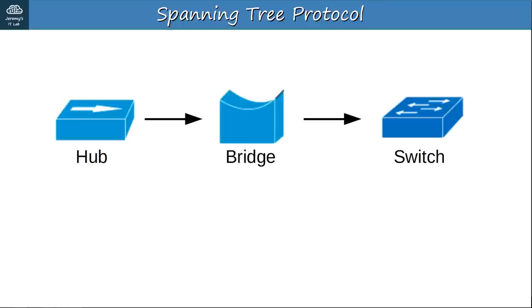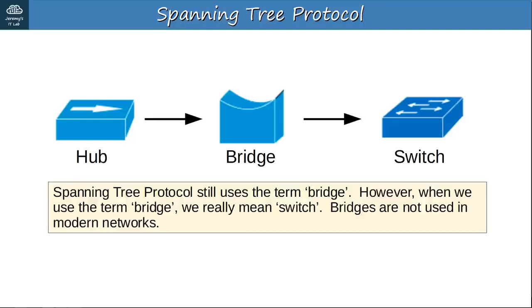They are an old technology, but they're like a transitional stage between the hub and the switch. However, the reason I'm telling you about bridges is that spanning tree protocol still uses the term bridge. When we use the term bridge, we really mean switch. Bridges are not used in modern networks. So in this lecture, and really anytime I talk about STP, you'll hear me use the term bridge, but really it means switch.